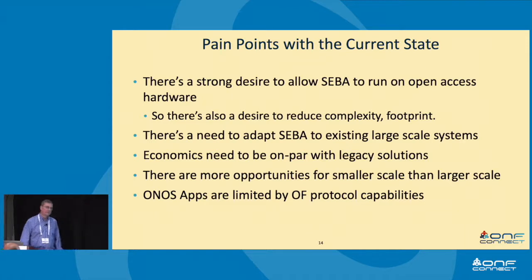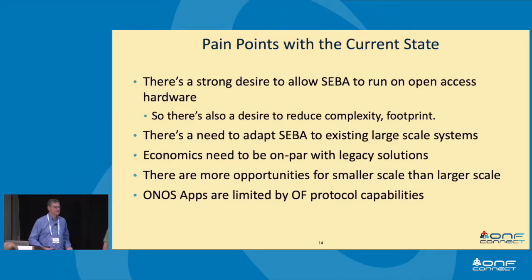Within AT&T we probably have a lower population density in a lot of the places we serve than there is in Germany. So there is a strong desire to take SEBA and scale it down into much smaller kinds of deployments, and actually to run it right on the open access hardware.